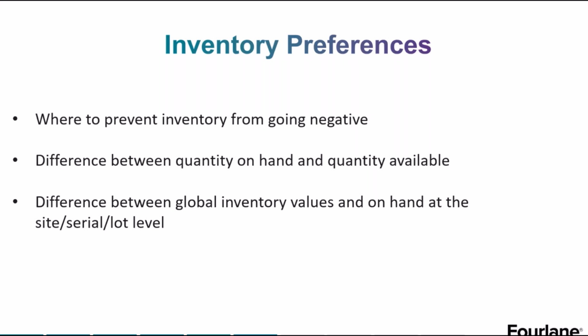So again, we could have a -5 at warehouse 1, a +10 at warehouse 2. Overall, QuickBooks looks at that item as having a global positive value, but we do have a negative instance at the site level. So just some additional parameters to think of if we're using those advanced inventory features.